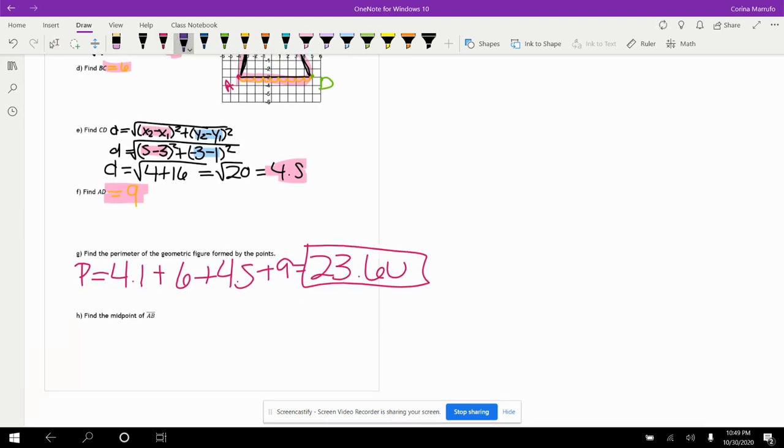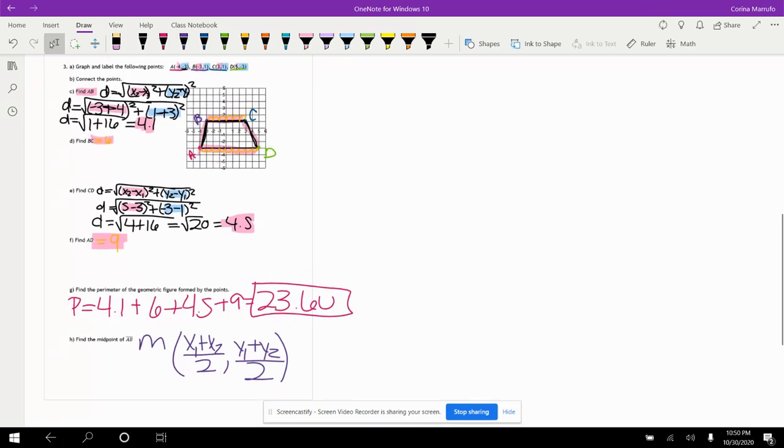Then it tells us find the midpoint of AB. Okay, so we're going to use the midpoint formula. Remember, you add your x values, x1 plus x2, divided by 2. And then you add your y values. Okay, so here, let's go ahead and take a look.